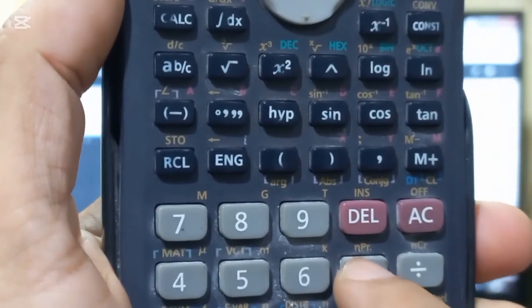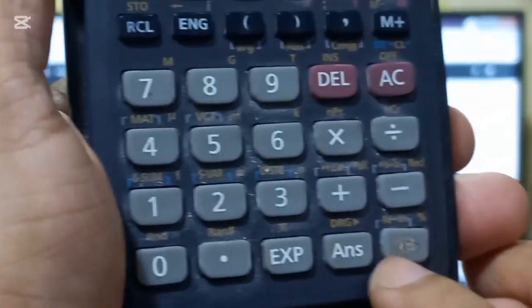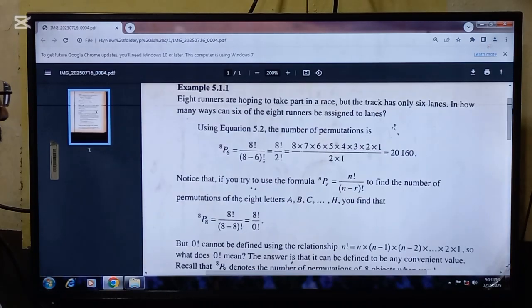So you will press it. Now on the screen, you can see P. P stands for permutation. And then you will press 4. So now on the screen, 7P4 can be seen. And now you will press the equal button. On the screen, you can see 840 is the answer.